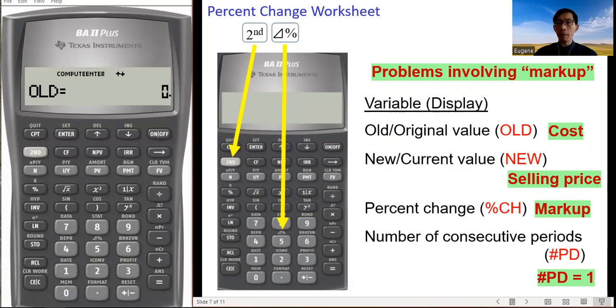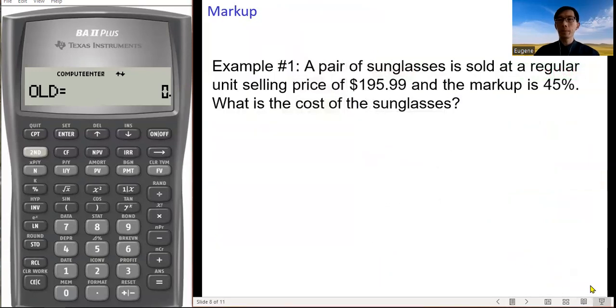Let's solve some markup problems. A pair of sunglasses is sold at a regular unit selling price of $195.99, and the markup is 45%. What is the cost of the sunglasses?